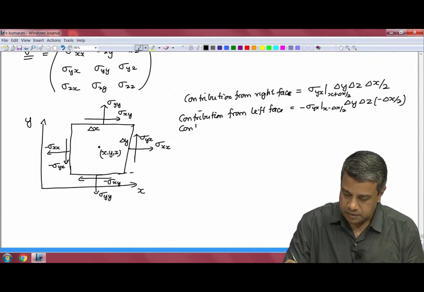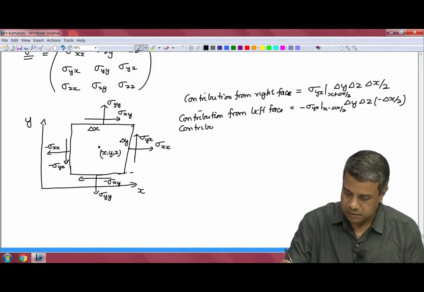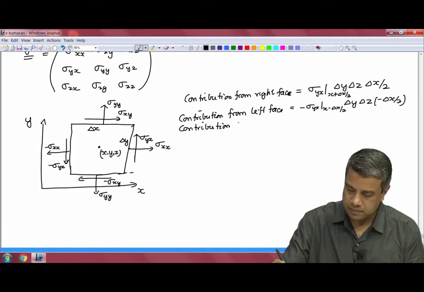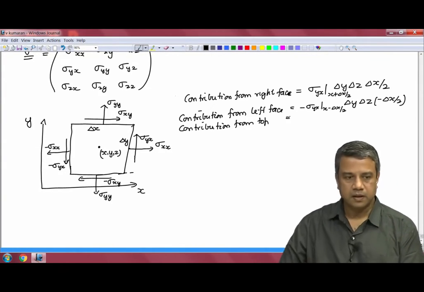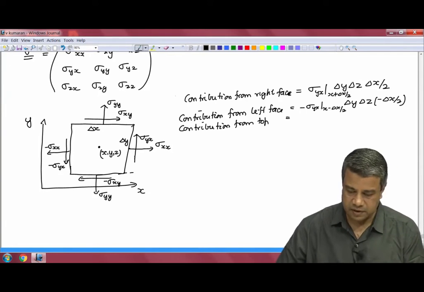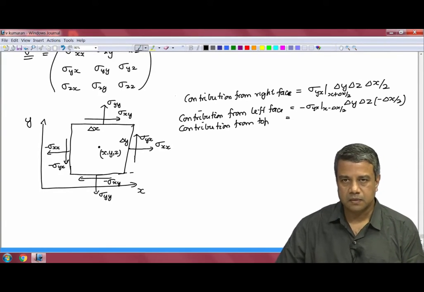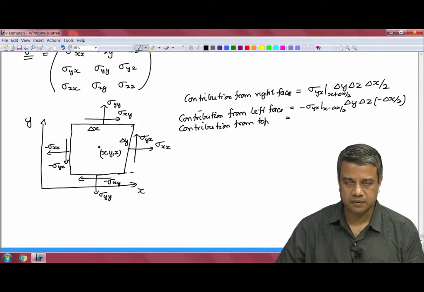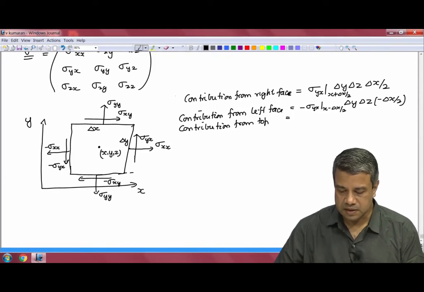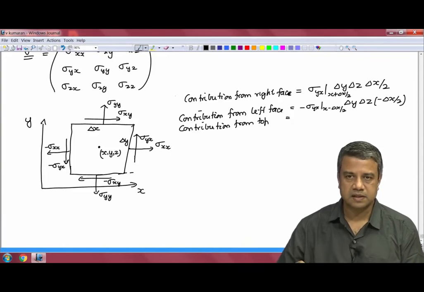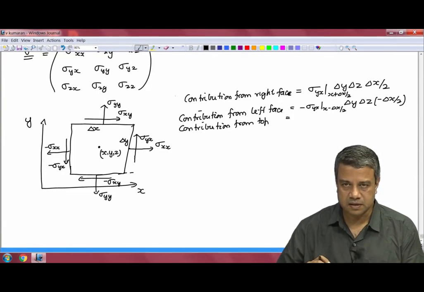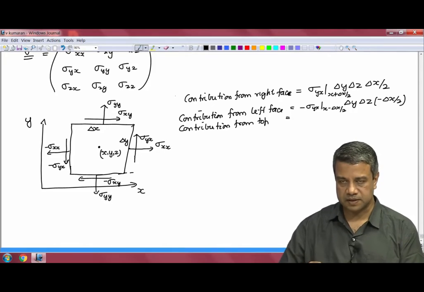Contribution from top. Note that the torque is positive if it is in the counterclockwise direction, whereas you can see that on the top face, sigma xy, if it is in the plus x direction, tends to exert a torque that is clockwise around the center of rotation.